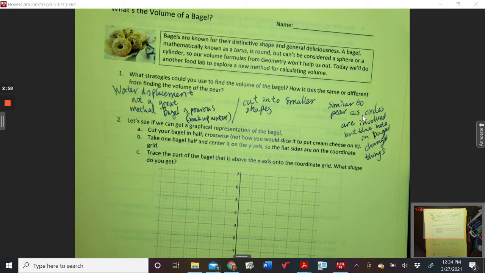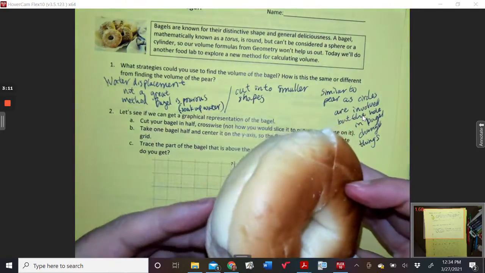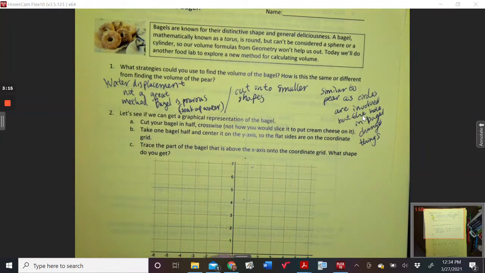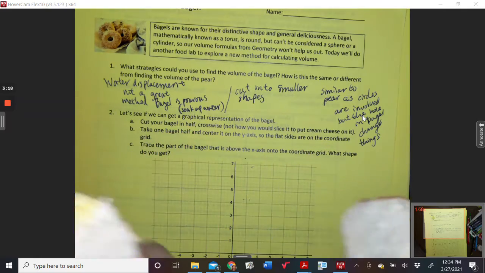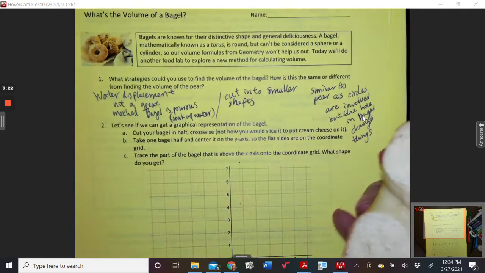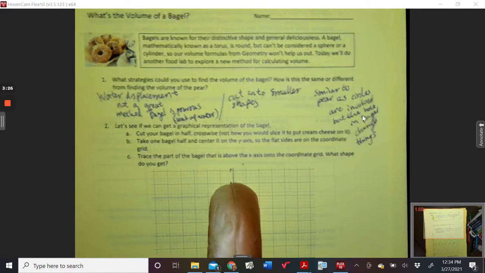Cut your bagel in half crosswise, not how you slice it to put cream cheese on it. Like so. This, of course, is a different bagel, but same difference. It'll do fine. Take one half and center it on the y-axis, like so.